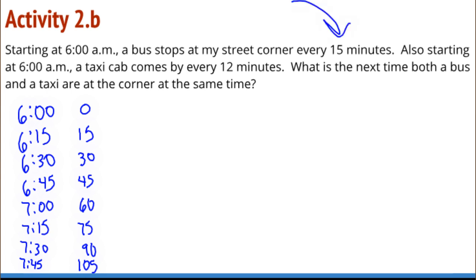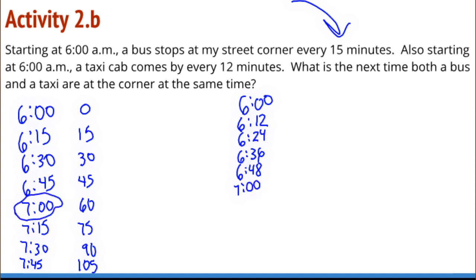Now, with a taxi, they come every 12 minutes. So I've got 6 o'clock, 6:12, 6:24, 6:36, 6:48, 7 o'clock. Oh, that sounds familiar. So I've got 12.